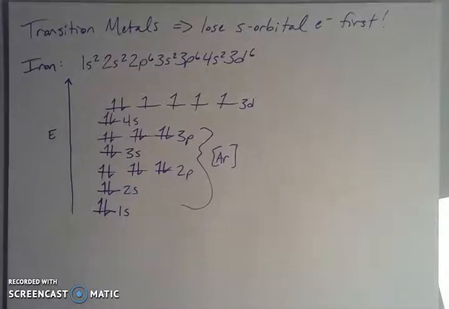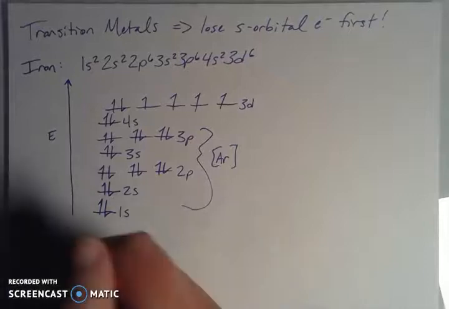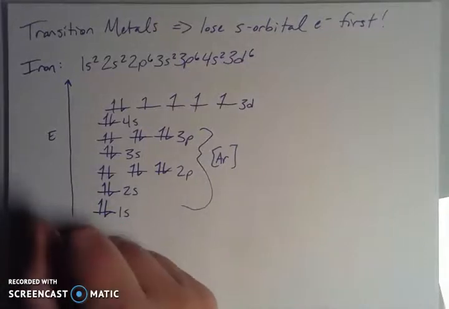Now, in the same way that we saw with our gallium, even though we had some electrons in the d orbitals, we're still going to lose the s orbital electrons first. So when I lose 2 electrons, these 2 4s electrons from iron, that's going to give me my iron 2+.